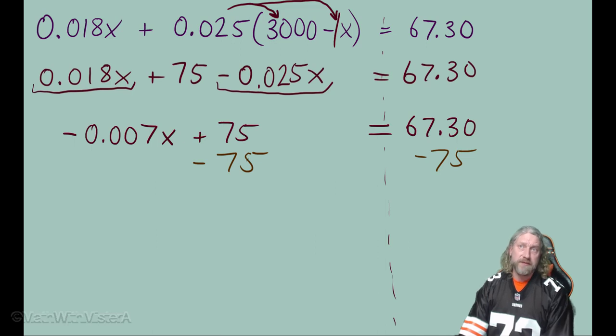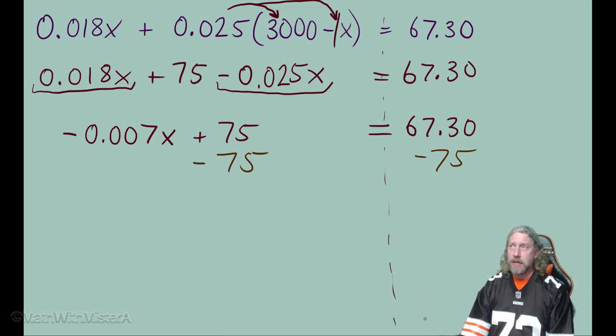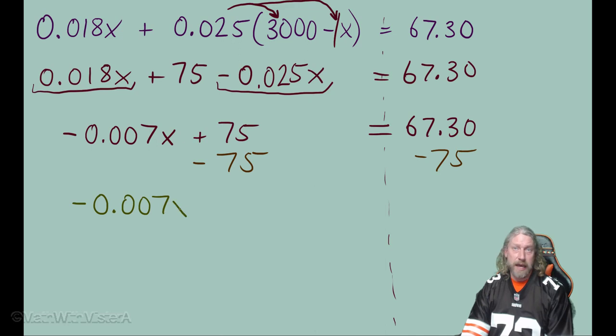But the plus 75 and the minus 75 equals 0. So on the left side, we are really only left with this negative 0.007x. On the right side, we can actually do the subtraction with these numbers. 67.3 minus 75 looks like that will give us a negative 7.7.